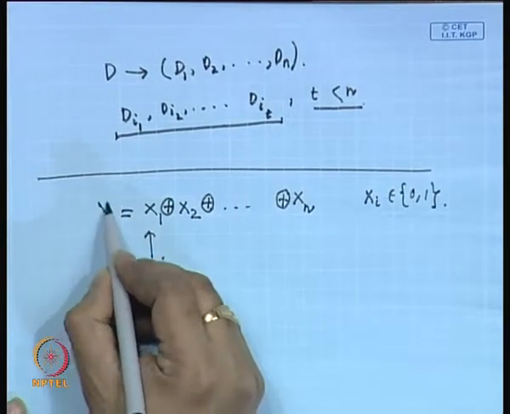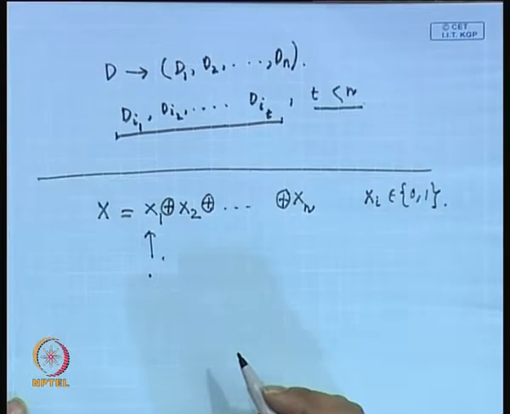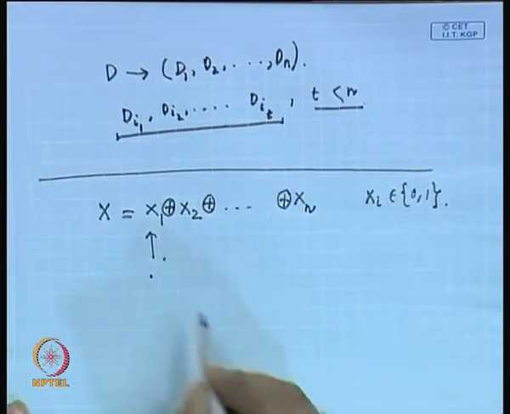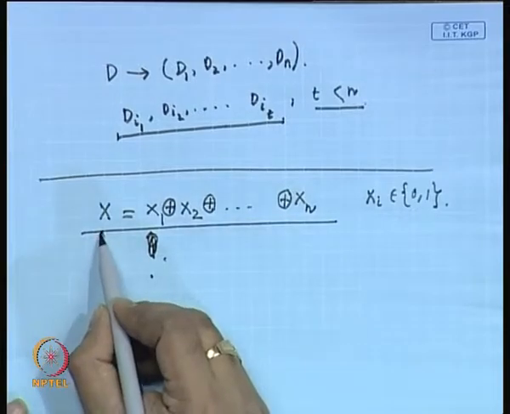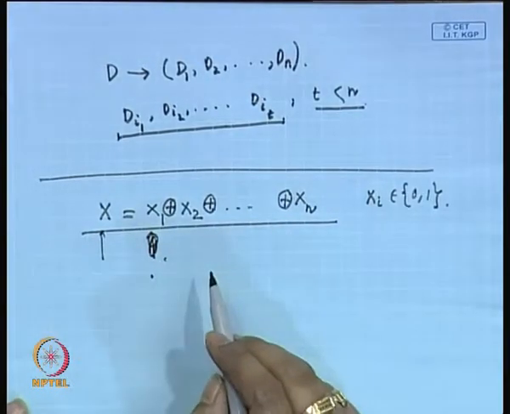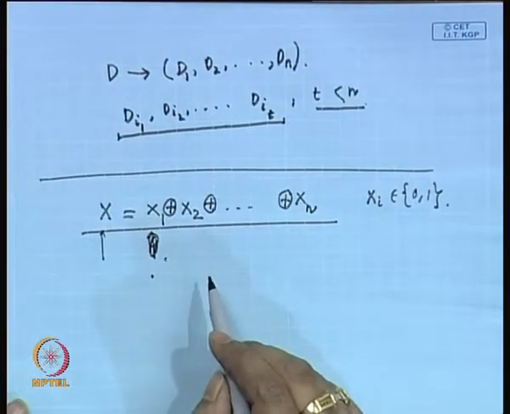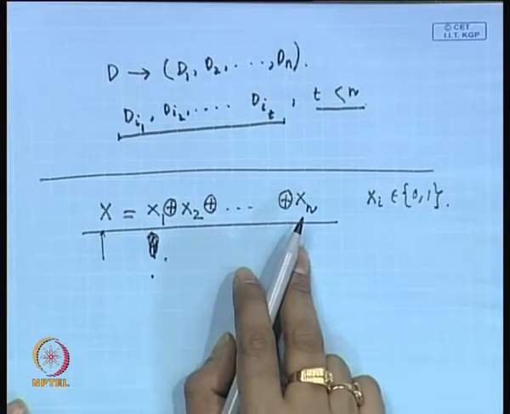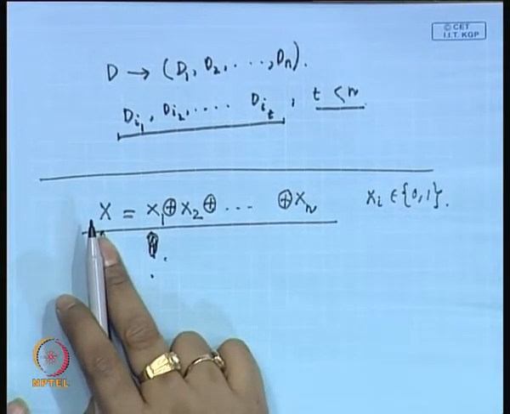If this XOR sum is x, that is, x equals x1 XOR x2 XOR so on till xn, then you see that in order to find the value of x, we actually require all n values, is it not? If n minus 1 such values are obtained, what is the information leakage about x?